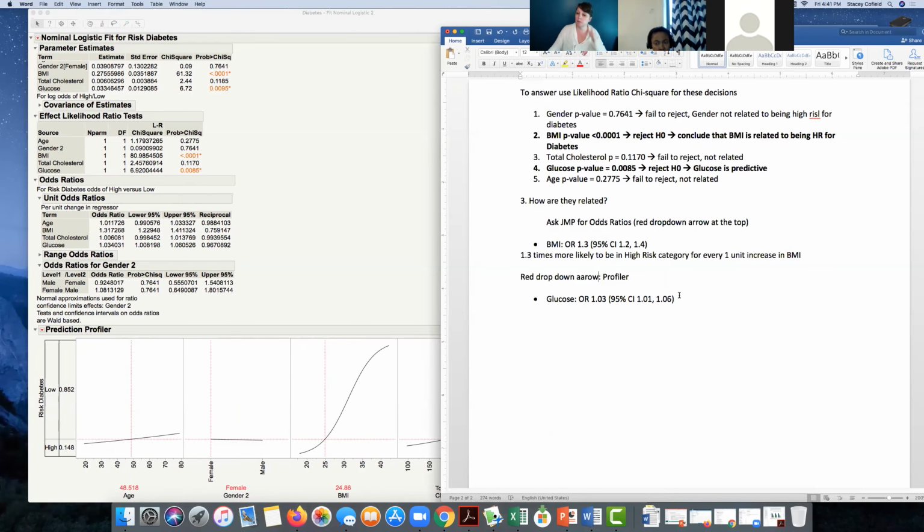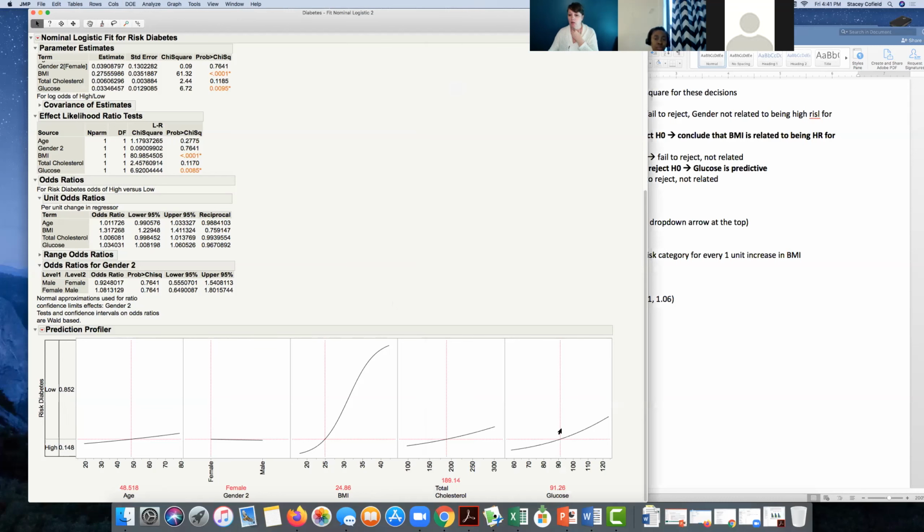If the odds ratio is less than 1, then it's telling us it's protective. So if I had an odds ratio of 0.4, it would tell me that for every 1 unit increase, I'm less likely to be high risk because it's less than 1. Glucose is really small because glucose doesn't have a very big range.